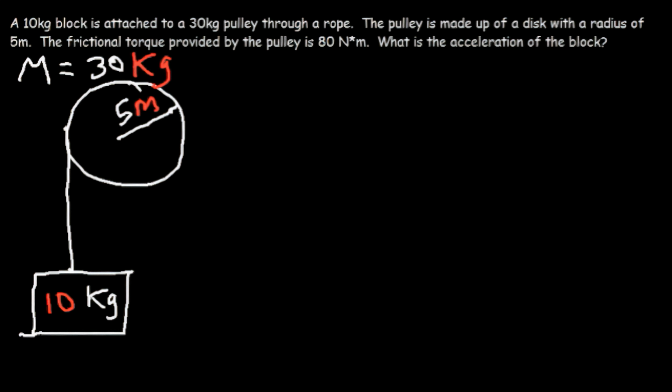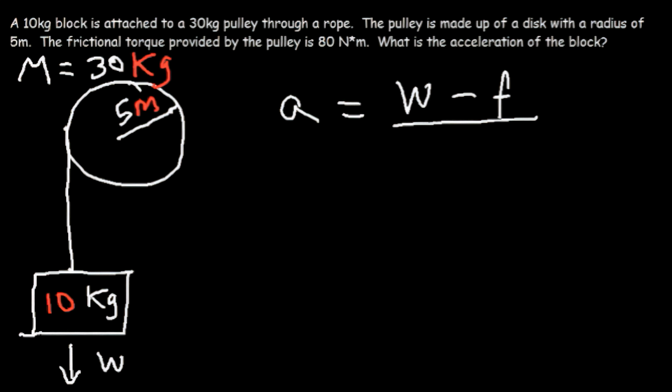So let's do it the easy way, the first method that we used in the last example. So the only force that accelerates the system in a downward direction, in the direction of motion, is the weight force. Now we need to subtract from this force any forces that oppose the direction of motion, which is the frictional force.